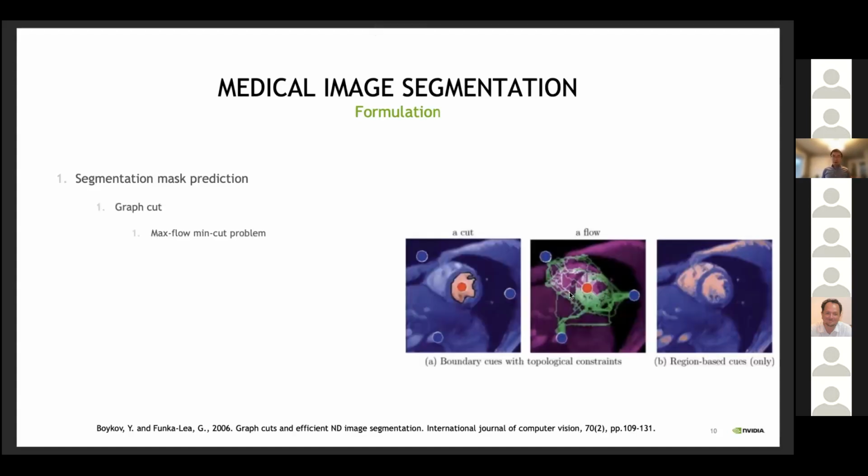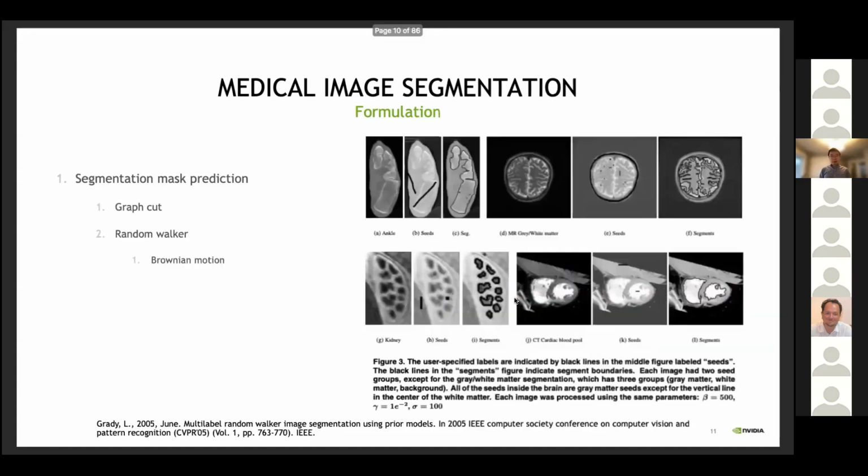The first work, a long-term goal, is graph cut. Graph cut uses the image structure to form a grid, then uses the grid to do max flow min cut optimization, and finds a segmentation from 2D or 3D medical images. The next one is the random walker.